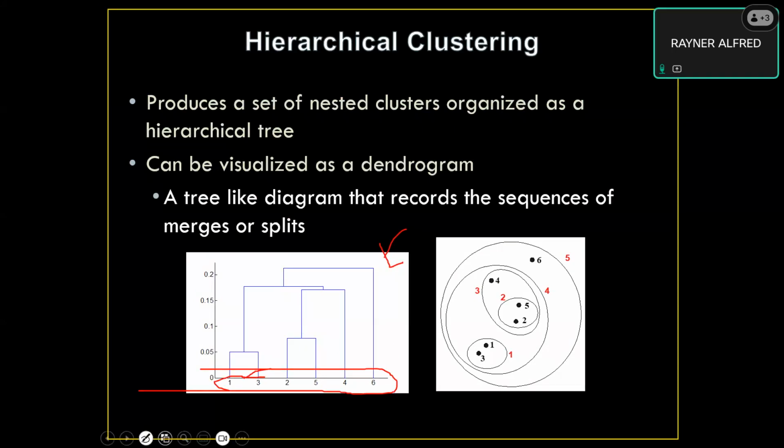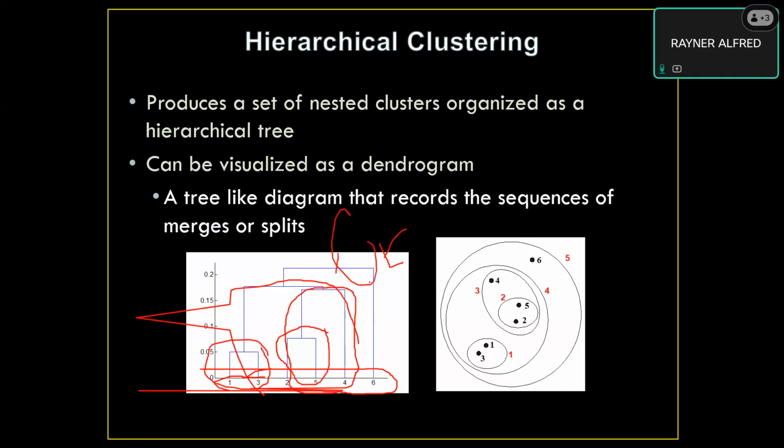Every time you go up one level, you're merging 1 and 3 first, and then merging 2 and 5, and then merging 2, 5, 4, and so on until you have one big cluster here. Okay, so that is the process.